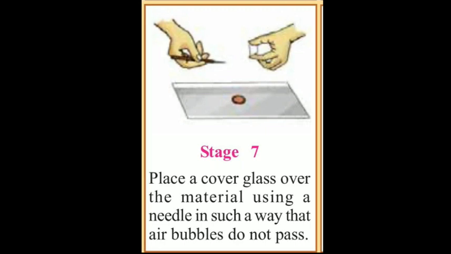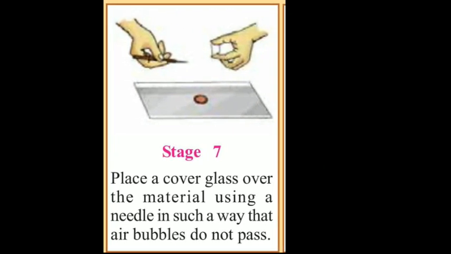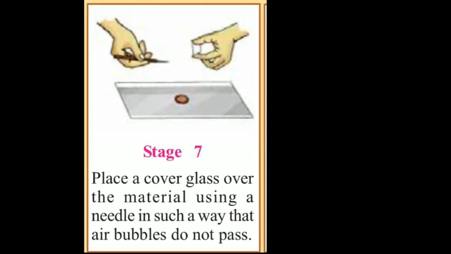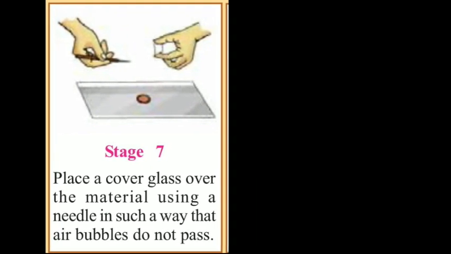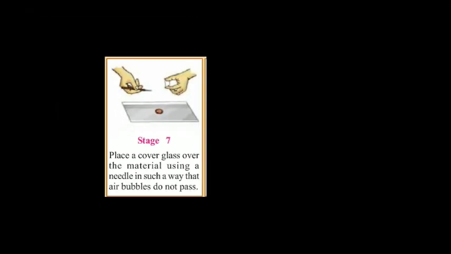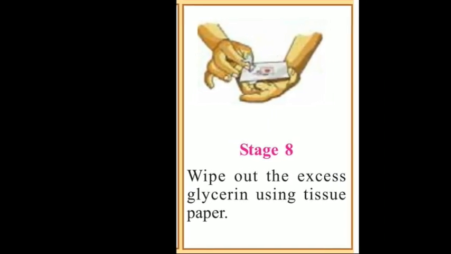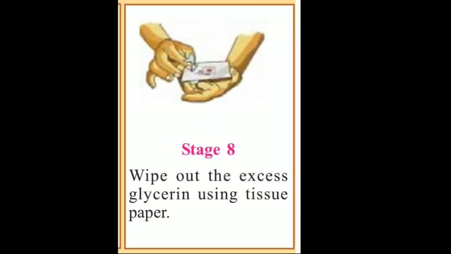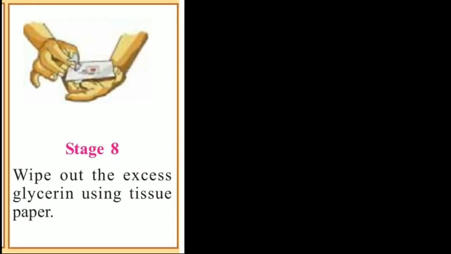We want to prevent air bubbles for neatly observing the plant section through the microscope, so we use a needle for that. Then wipe out the excess glycerin using tissue paper for neatness of the slide.